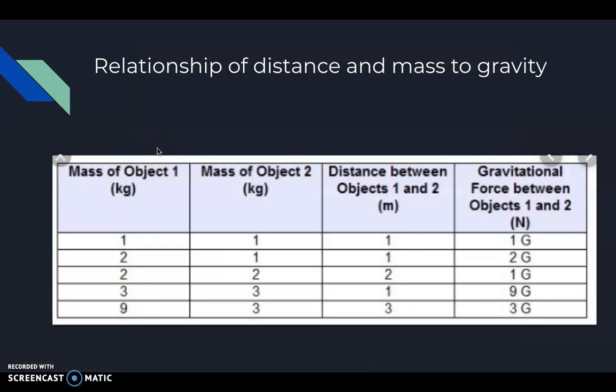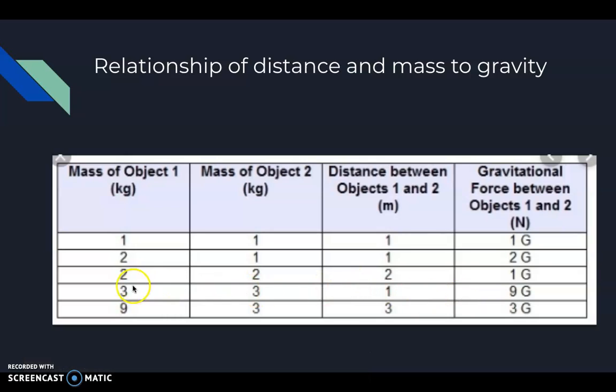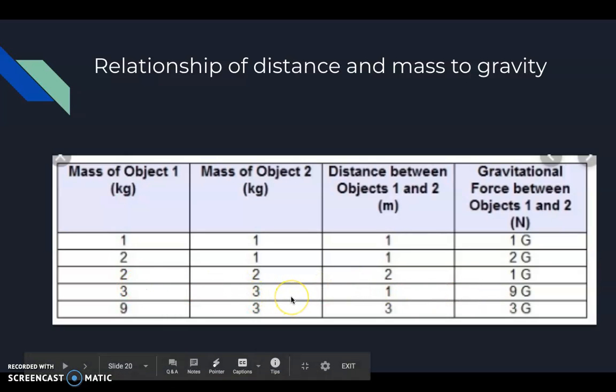You can use a data table like this to determine which combination would result in the strongest force of gravity. If we look over here, this combination leads to the strongest force, because it has more mass than the ones above it.